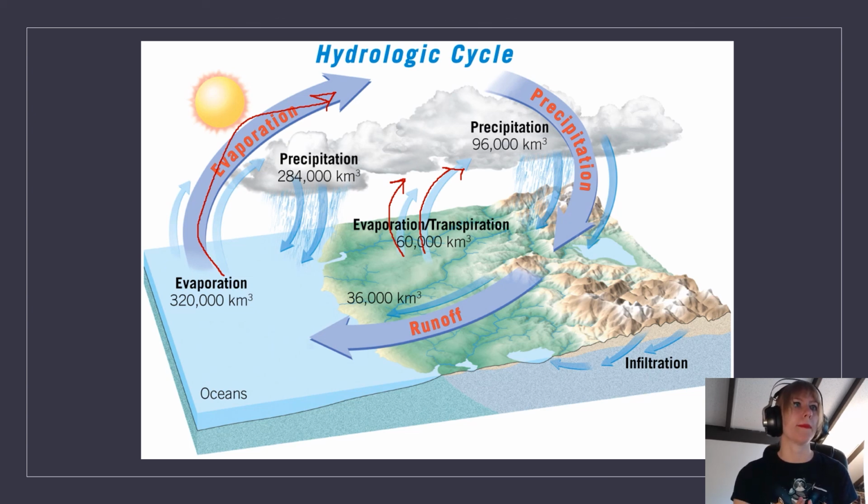Okay. And then after it evaporates into the atmosphere, it will condense into clouds and then precipitate out as rain. Sometimes it will rain into the ocean, in which it's just a very small circle.